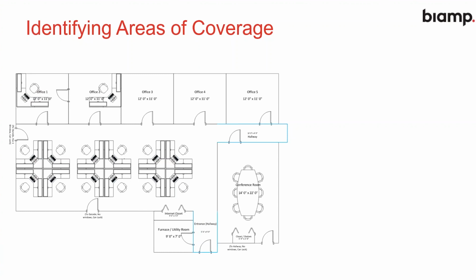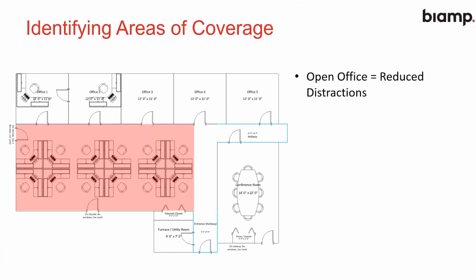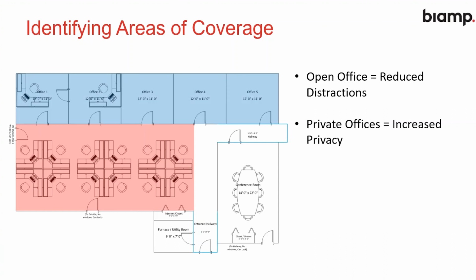In this application of a typical office area, we will have an open office area, and in the open office area, they will be looking for reduced distractions. We will also possibly have some private offices, which are all of a similar size and acoustic property. So we look at those.